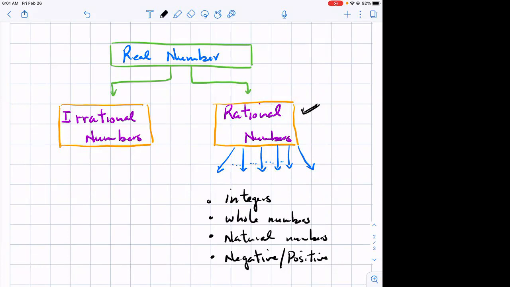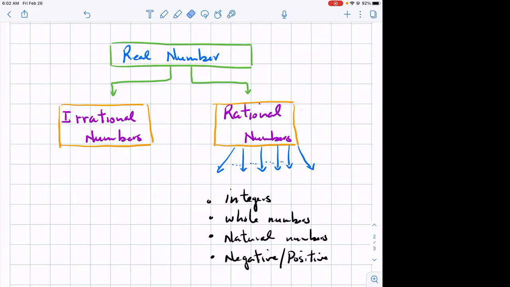And then after you say it's a real number, you can elaborate more and say, well, it's either rational or irrational. And if it falls under the rational side, well, what else can you say? Is it an integer? Is it a prime number? Is it an odd number? Is it a composite number? These are the things you want to think about when we look at the real numbers.